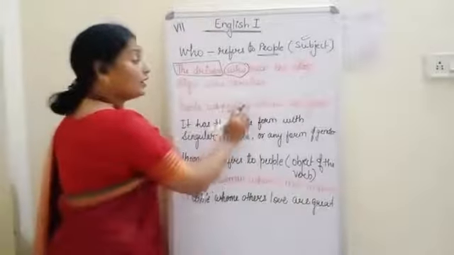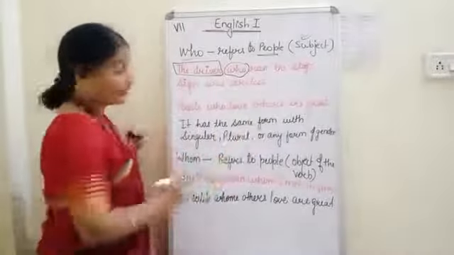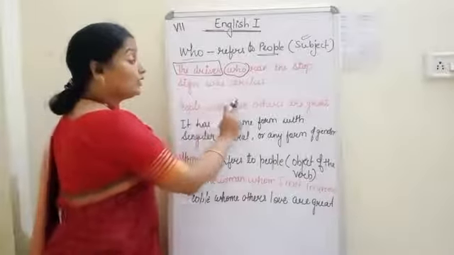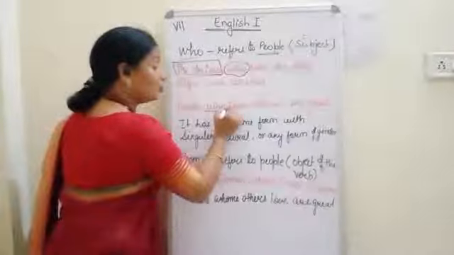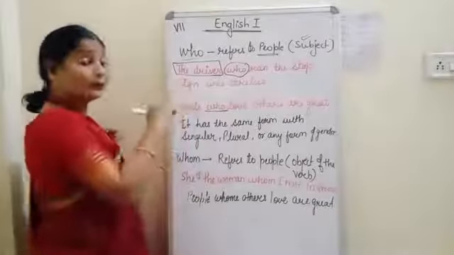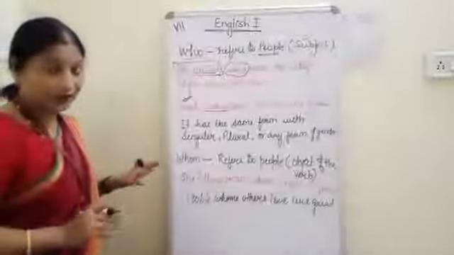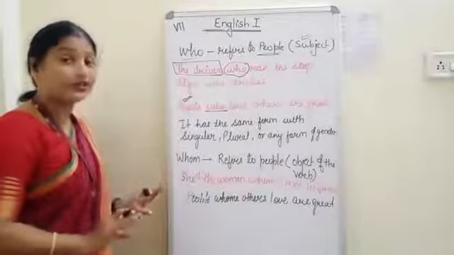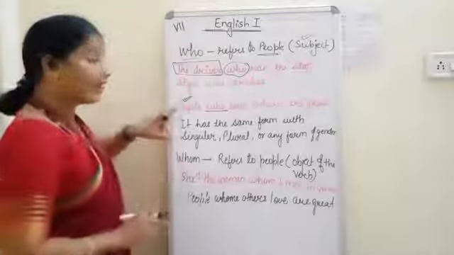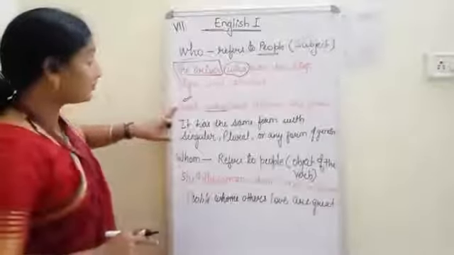People who love others are great. People who love others. Who love others. Who? People. So this is our subject. Okay, the meaning of subject and predicate is clear to you, I hope. So here the people will be your subject.